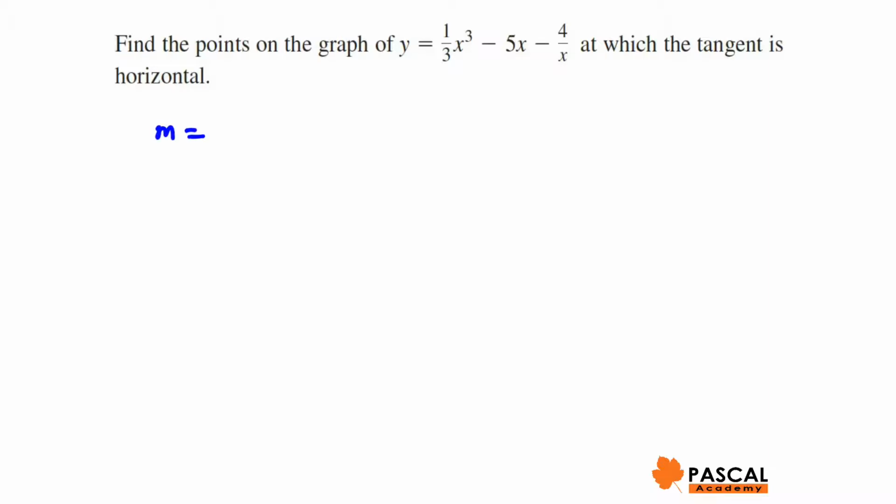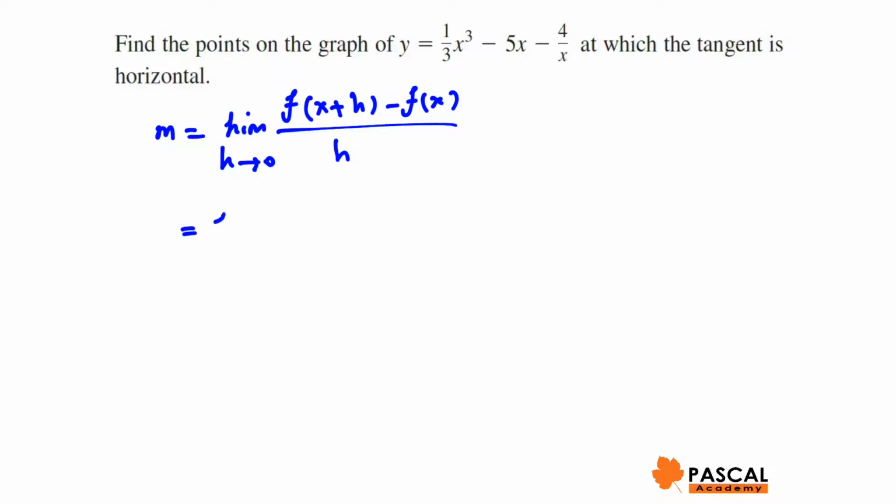The slope of the tangent line is the limit of (f(x+h) minus f(x)) divided by h as h approaches 0. We assume the x coordinate of the point that we are looking for is x.